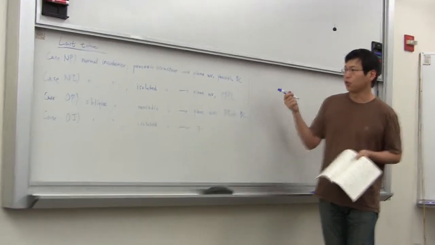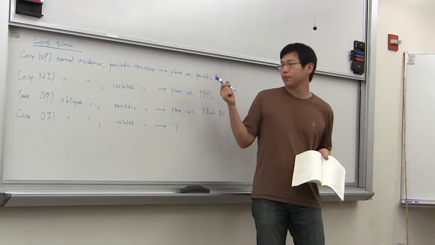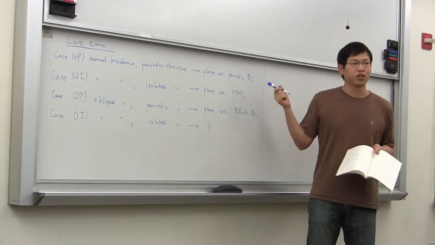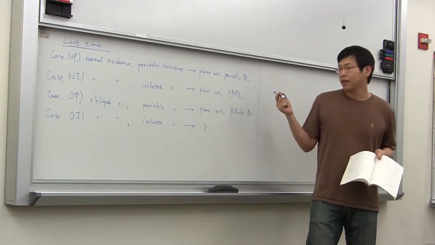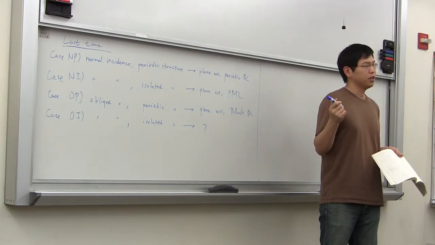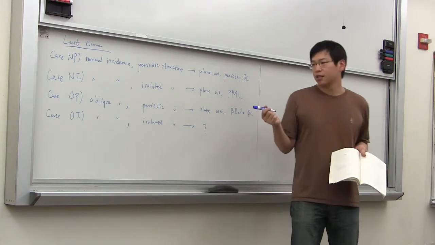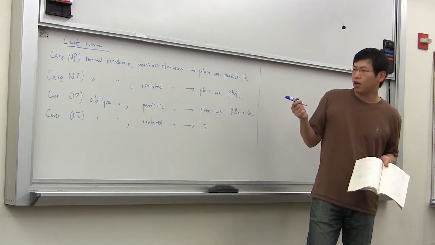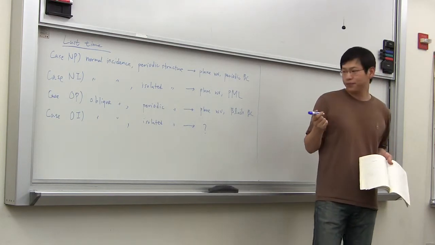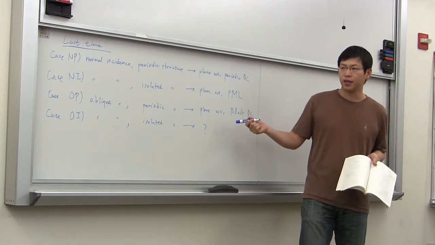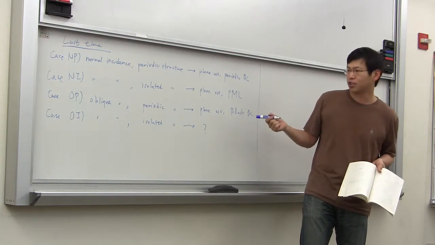For normal incidence, you can use just periodic boundary condition or PML. And for oblique incidence, you had to use a Bloch boundary condition. But we didn't discuss the last case, the oblique incidence on isolated structure. And that is the most difficult part, and we'll discuss how to do that today.